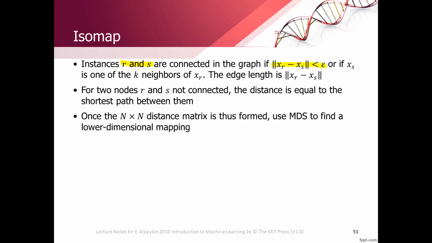We take some constant epsilon, and if the distance between these observations is less than epsilon, then we say, okay, these are neighbors and connected. They are connected with an edge, and the length of the edge is the distance between the observations, or norm of the distance. So this is the length.